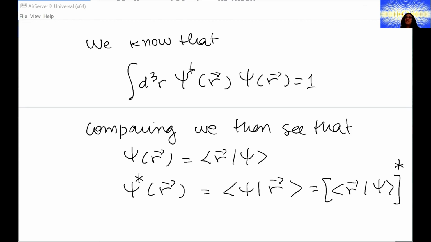If you are insecure, just look at our previous notes, but this is something that we have used in the axioms, okay? So write it down from previous lectures.